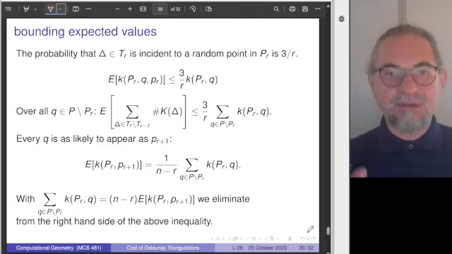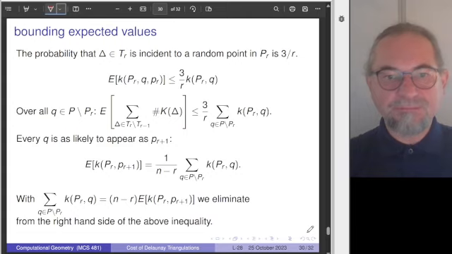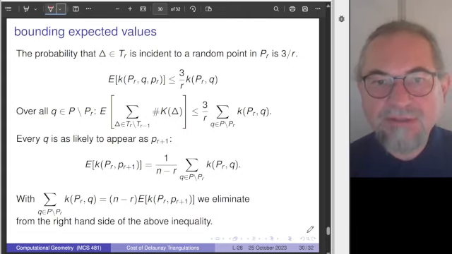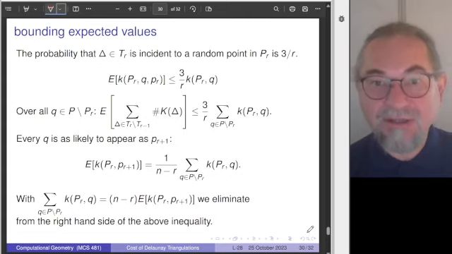Let's look at the probability that any triangle is incident to a random point, that is, any point is just as likely. So we do have three vertices.